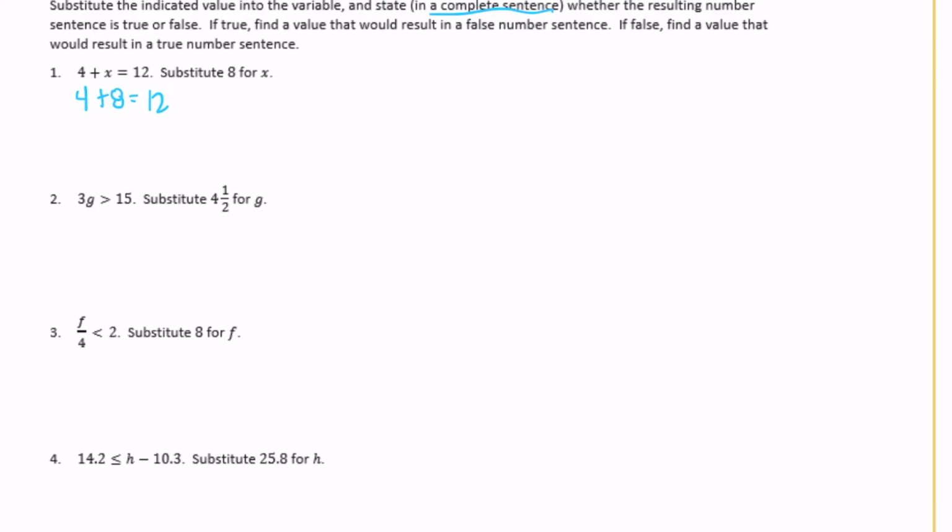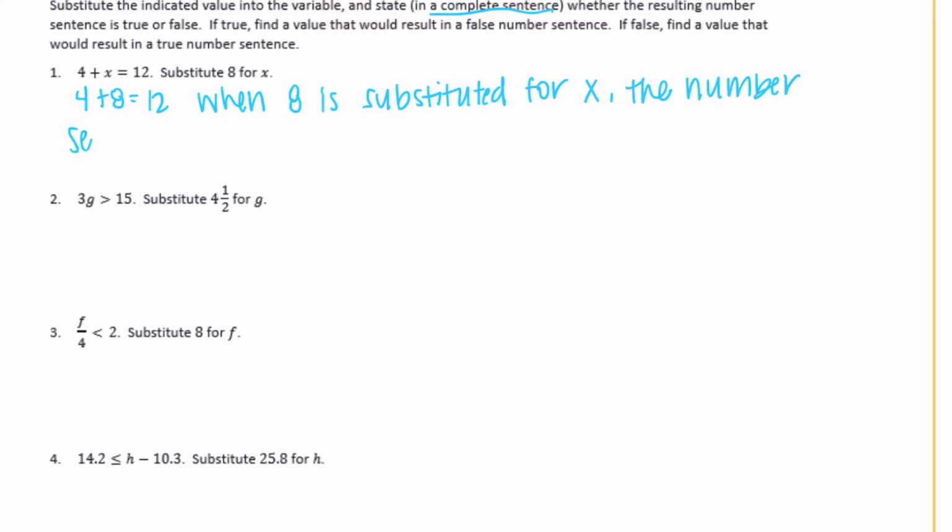So let's say when 8 is substituted for x, the number sentence is true.